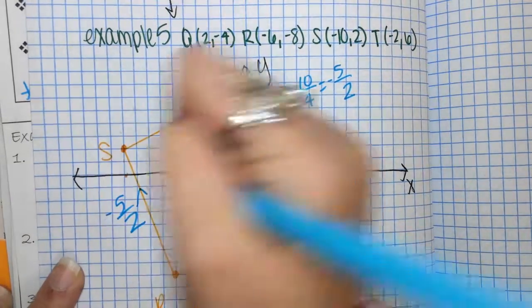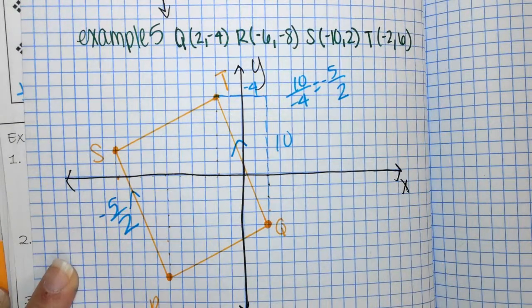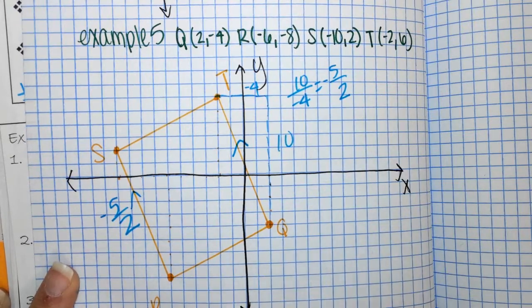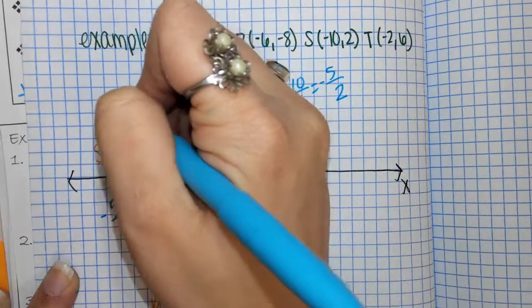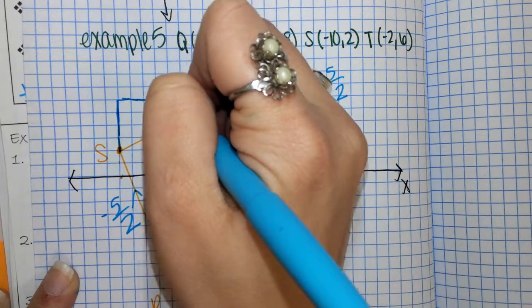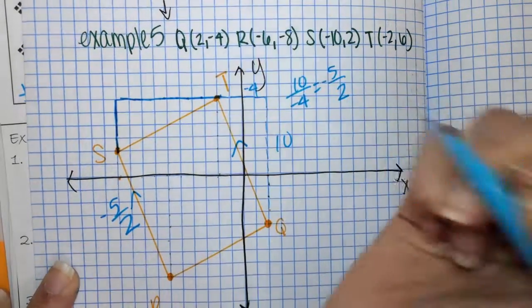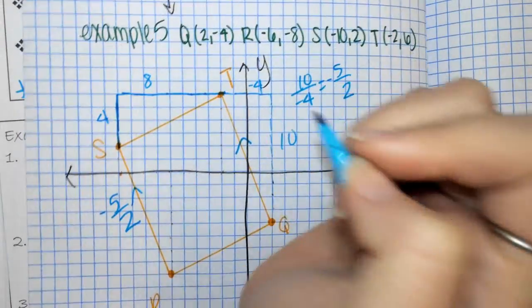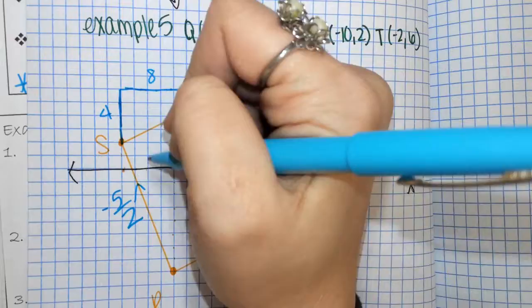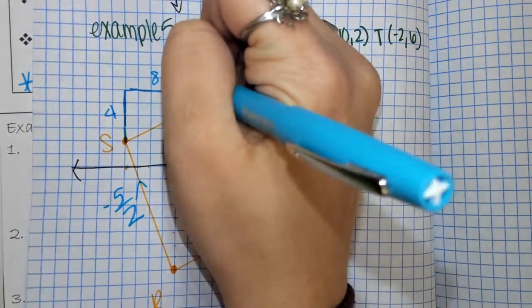Okay, so these are parallel so far. Now let's find the slope of ST and RQ. 1, 2, 3, 4. 1, 2, 3, 7, 8. So it's 1/2.